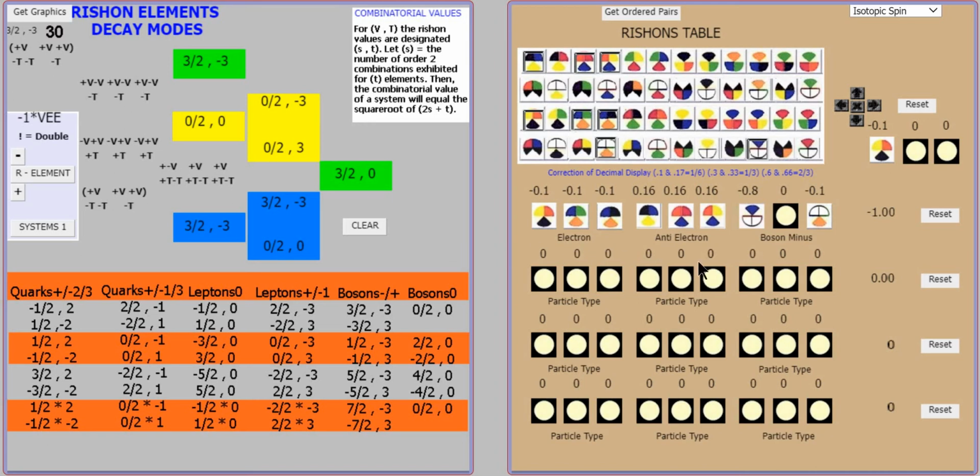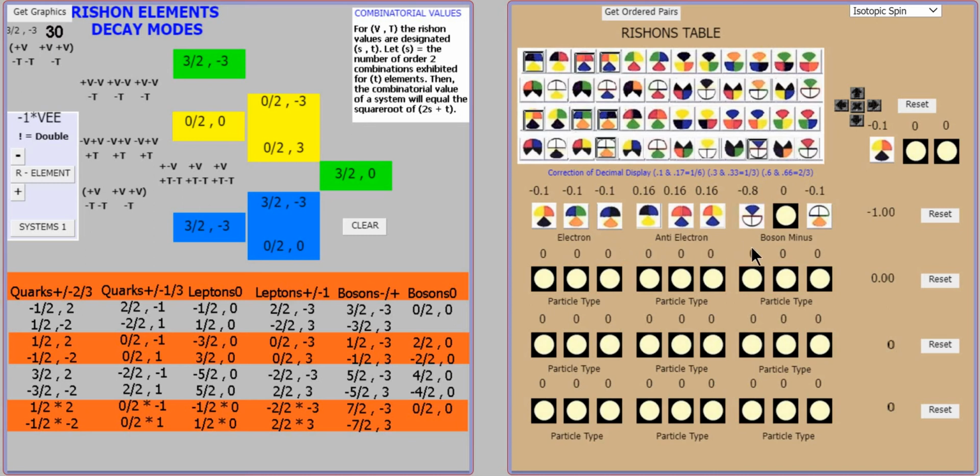And last but not least, we'll see what happens when we exchange the components of the boson minus with components of the anti-muon and the muon.